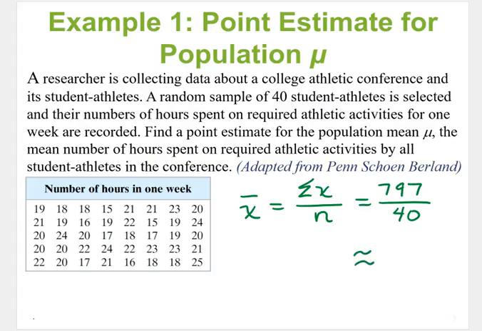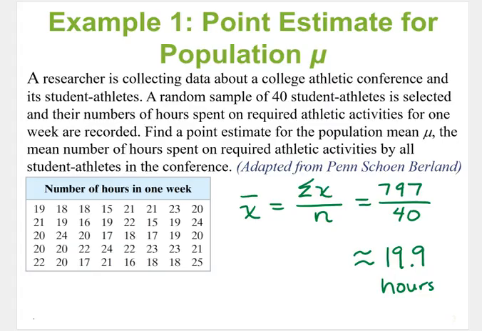You will have to round; since our data has no decimal points, we round to 1 decimal point, 1 more than the given data. So the mean for the sample is 19.9 hours. That is our point estimate for the mean number of hours spent, 19.9.